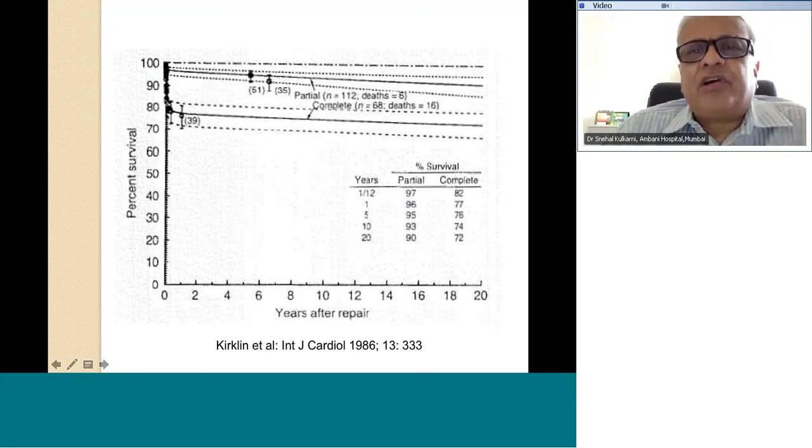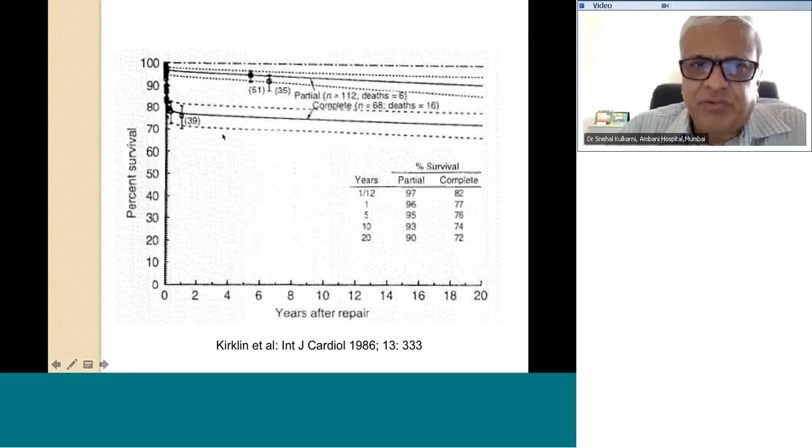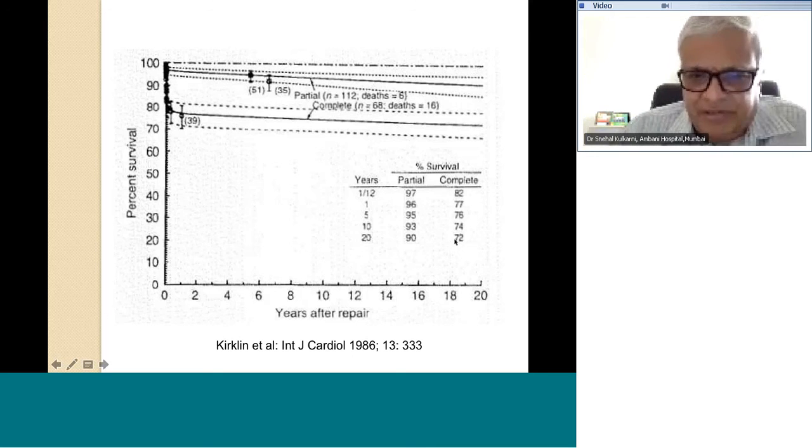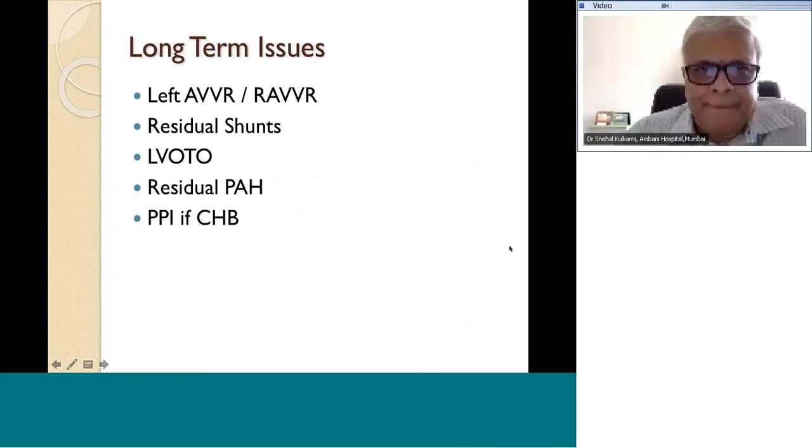And if you see the long-term follow-up of complete AV canal and partial AV canal, partial obviously behaves more or less like an ASD lesion, with a little less long-term survival compared to an ASD, because they are also left with left AV valve issues. But certainly, complete AV canal has got a much longer attrition in the long term compared to the partial AV canal.